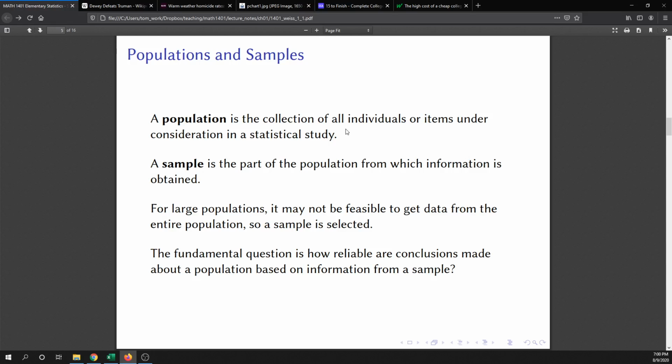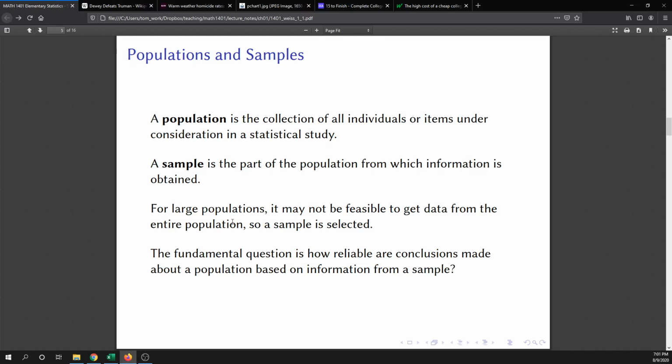So population is the collection of all individuals that you're studying, and a sample would be some smaller part of that. It's much easier to take a sample. It costs less and takes less time. Some populations are so big that there's no way you would be able to get information from every single person in the population.